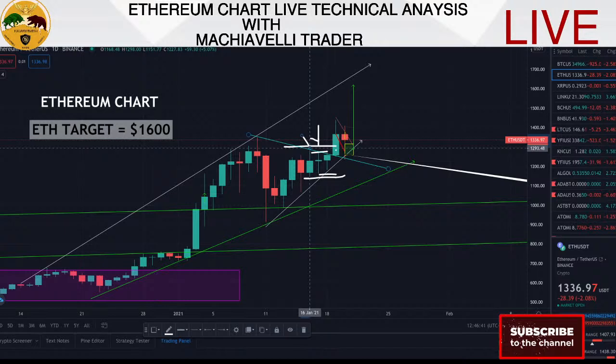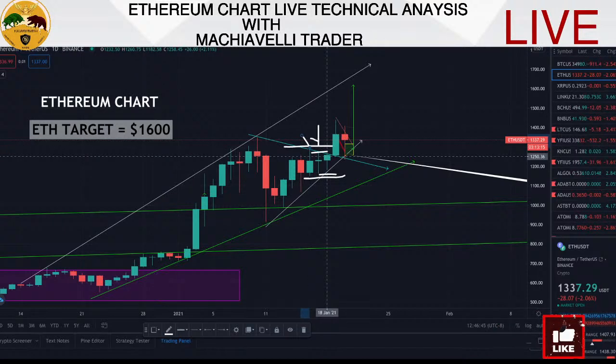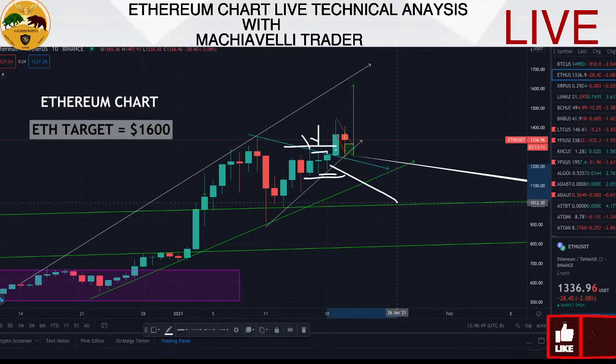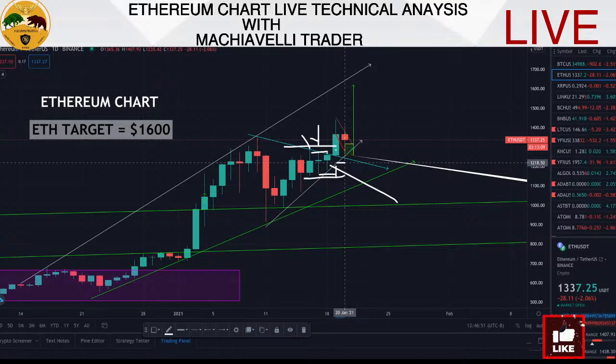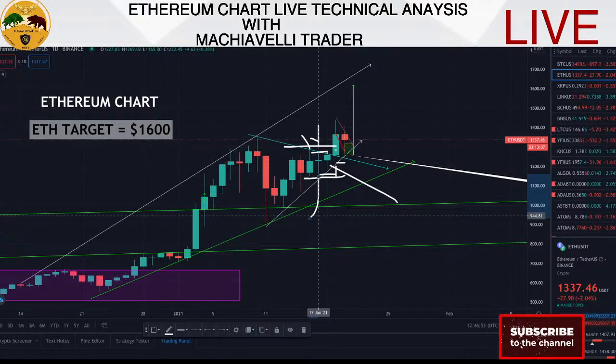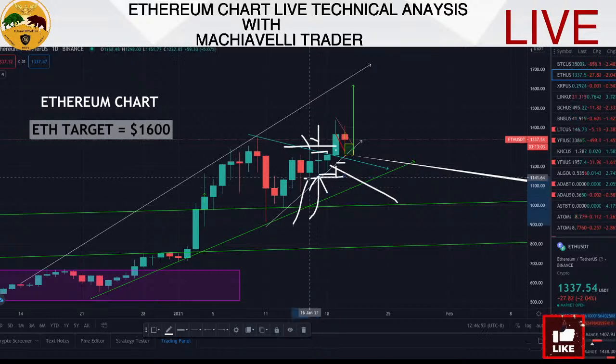It was engulfed by the previous bar, and you see it doing the same thing to the next bar. This particular bar also was completely engulfed by this bar right here, just the same thing that the previous bar did to it.